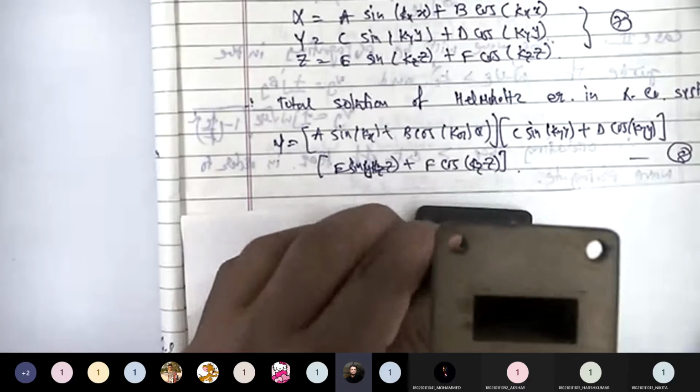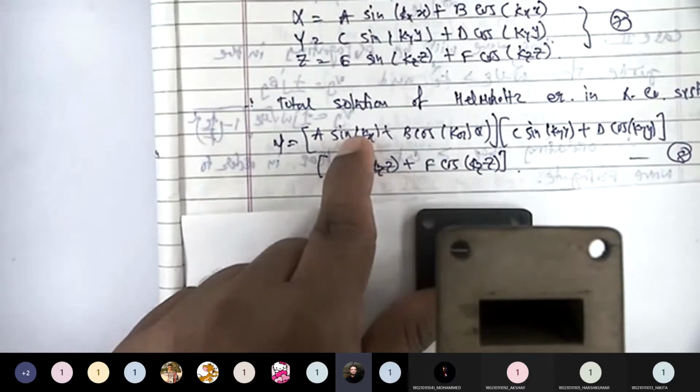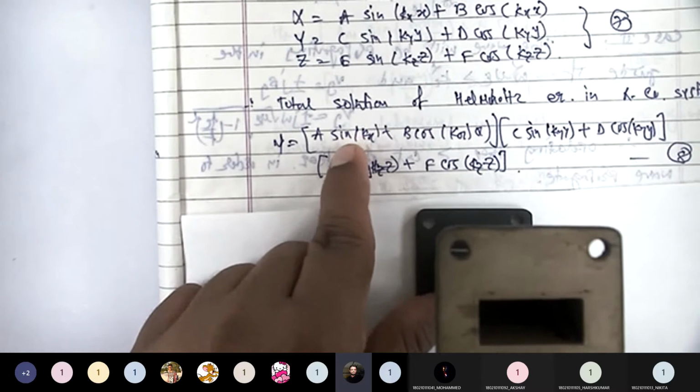That will be given by these mathematical equations. So the first part indicates or describes the behavior of the E and H field inside the rectangular waveguide in the x direction.